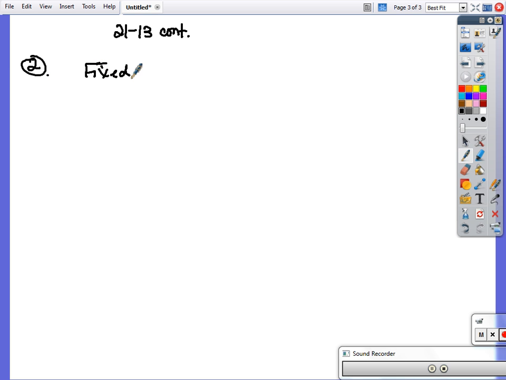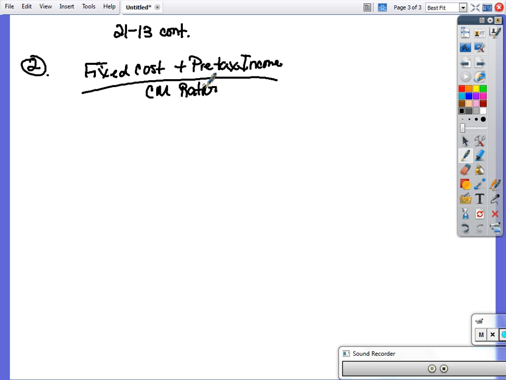So fixed cost plus pre-tax income divided by contribution margin ratio. What's the equation for contribution margin ratio?